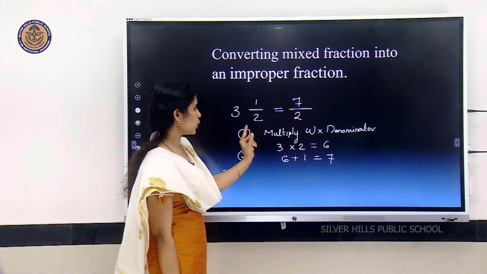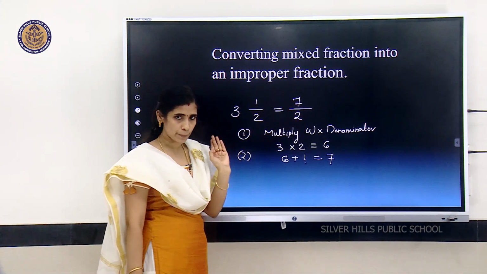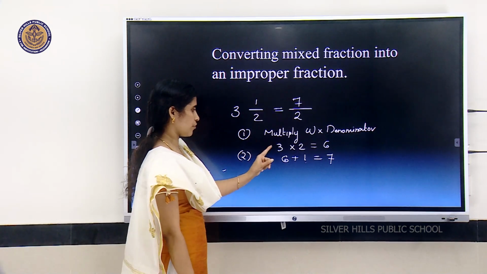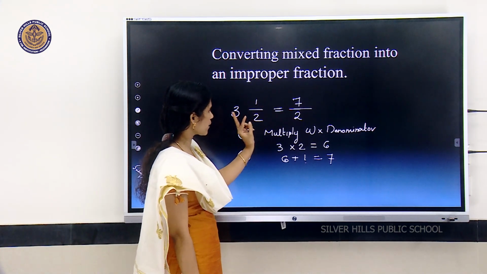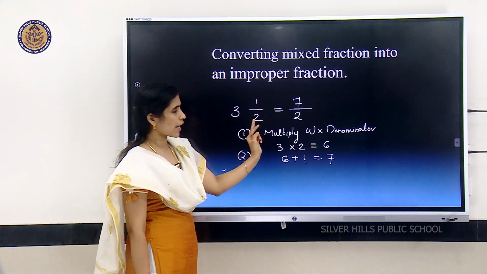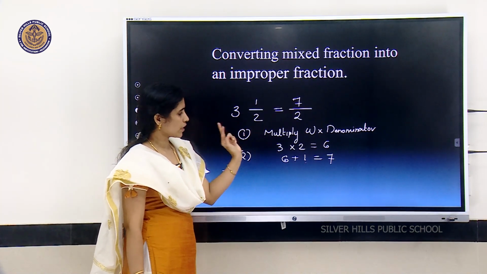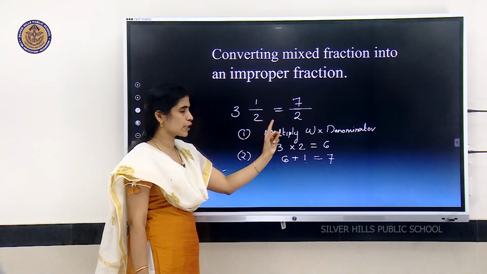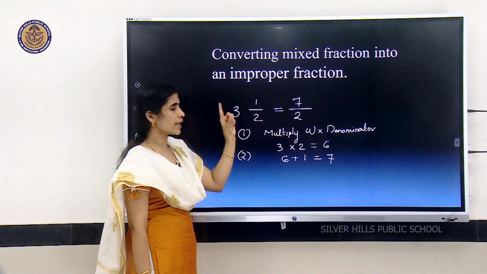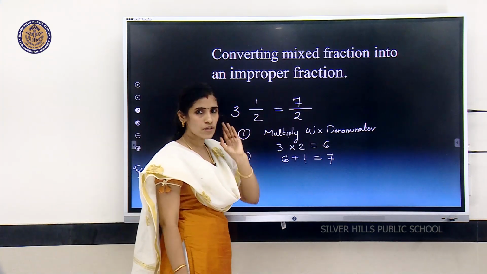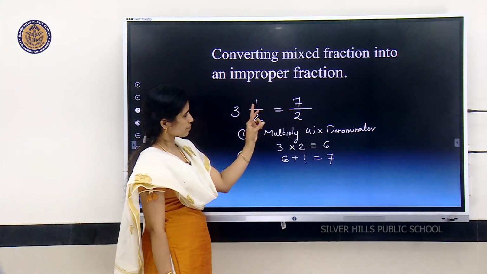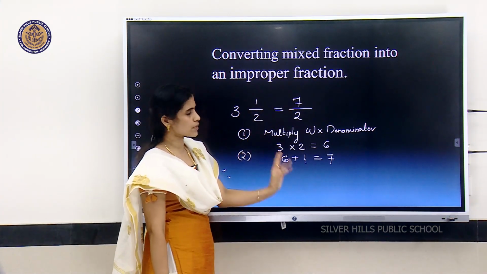I will explain again. 3 1 by 2 we can convert into an improper fraction. There are mainly 3 steps. For the first step, multiply the whole number by the denominator, that is 3 into 2. Here the whole number is 3 and the denominator is 2. So 3 into 2 is equal to 6. In the second step, we add the numerator to this product.